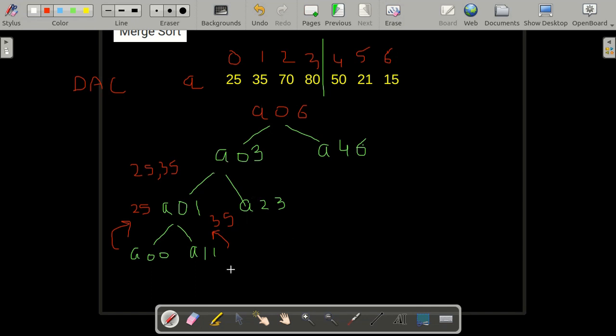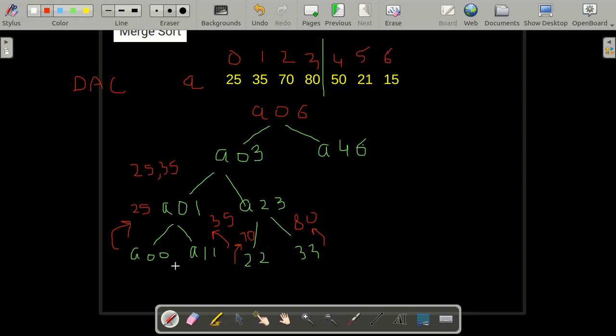Now from here we had A 2, 3. This will have a call for 2, 2 and for 3, 3. 2, 2 will return element 70 and 3, 3 will return 80. Now over here I am writing it as an element, but the actual thing that gets returned is an array.